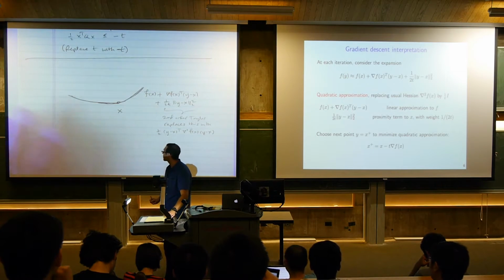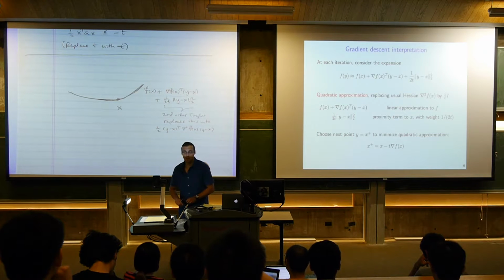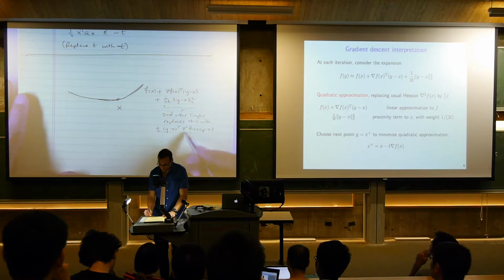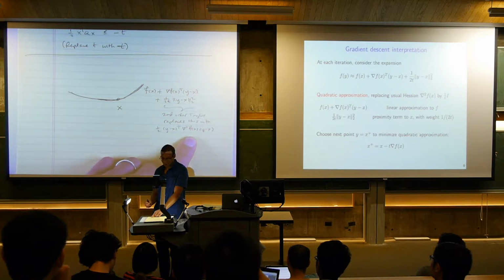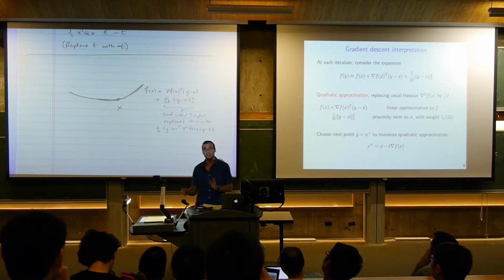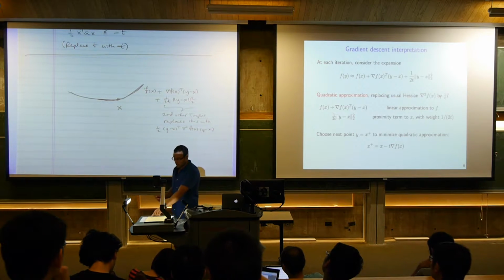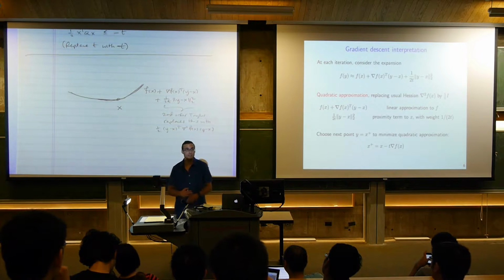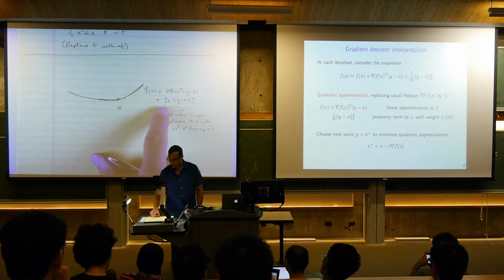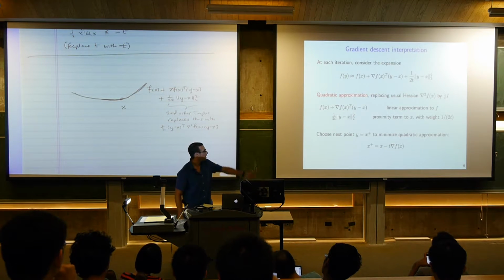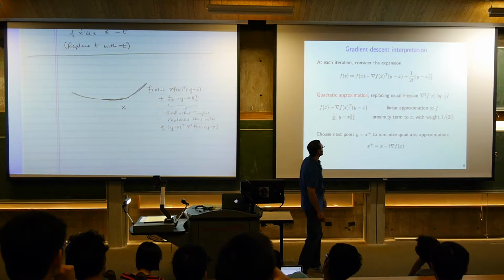Right, that would be the usual term in a second-order Taylor approximation. Here, you can think of it as having replaced the Hessian with just the identity matrix times 1/t. So it's a very simple quadratic approximation to my function. It doesn't have the curvature given by the Hessian. It's just a very simple notion of how curved my function is. I just replace the Hessian by 1/t times the identity.